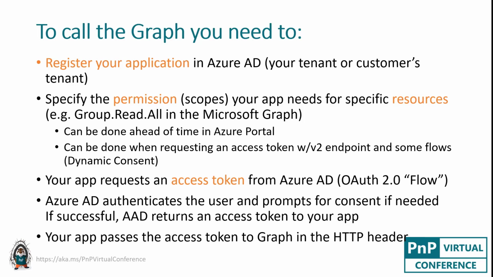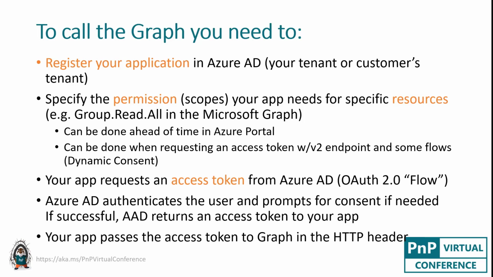Some Azure AD applications can also do something called dynamic consent, meaning that they can actually ask for more permission after the application is running. And this is actually a very nice model, and it's available with the newer version 2 endpoint in Azure AD and certain OAuth flows. So it's not always there, but it is good to have it when you need it. And I'll point out as we go through the different options here where it's available and where it's not.